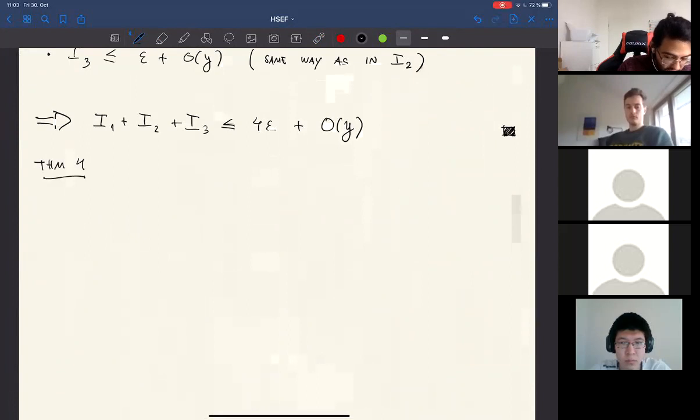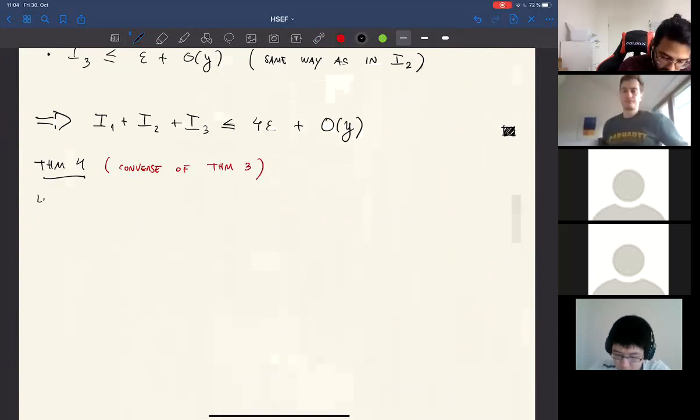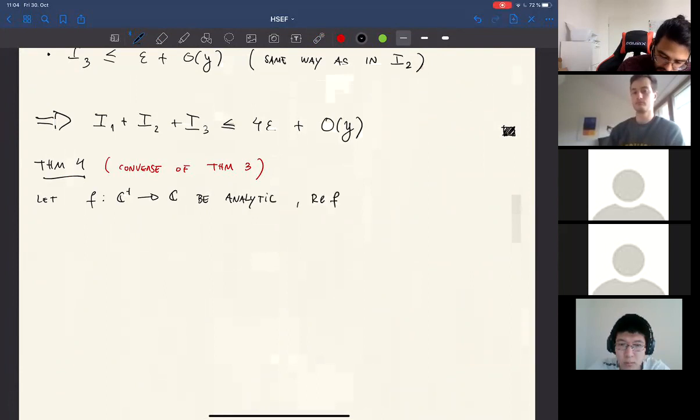That's the Poisson representation, or the converse, let's say, of theorem 3, which is: let f from C plus to C be analytic, with real part of f greater or equal than 0 if y is positive.